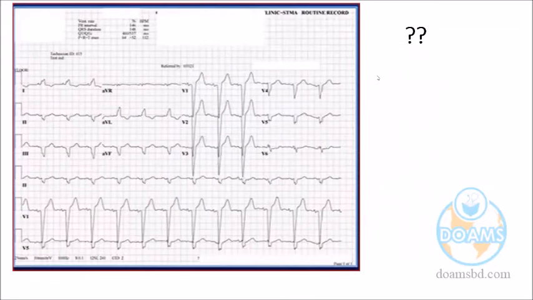Now in this ECG, again, you are allowed to raise your hand. First, what would you like to say here? I'm sorry, I cannot enlarge it because the resolution is not good here.